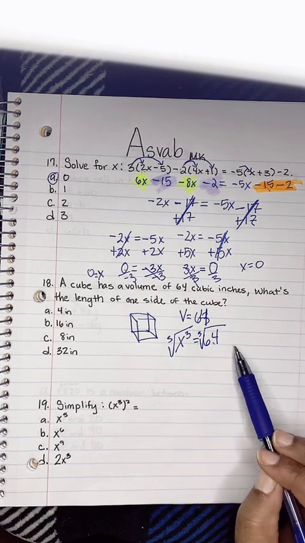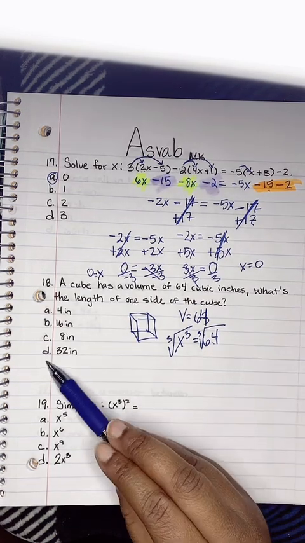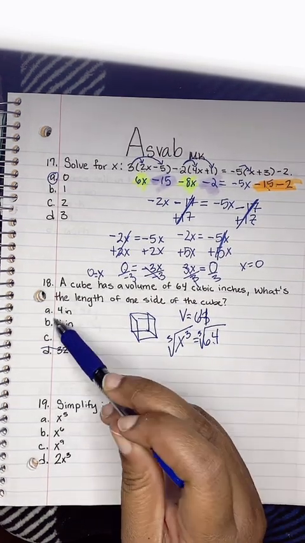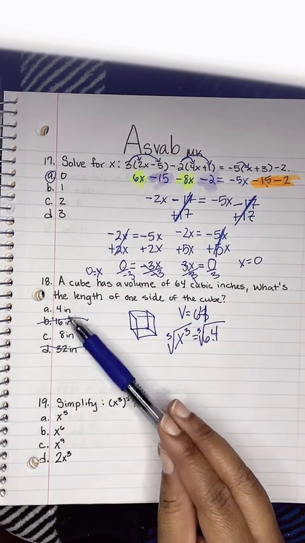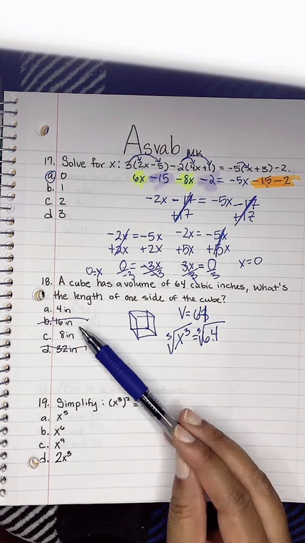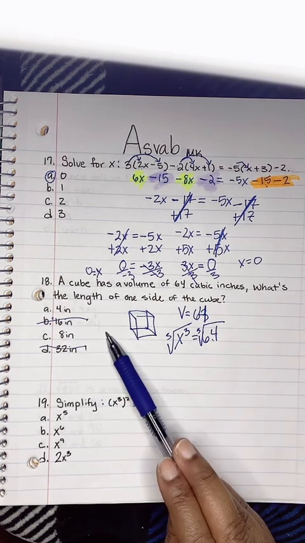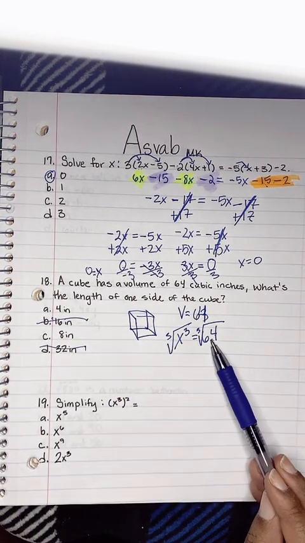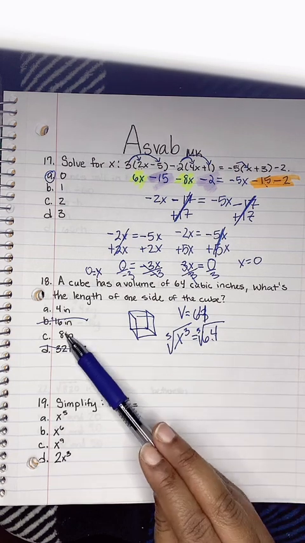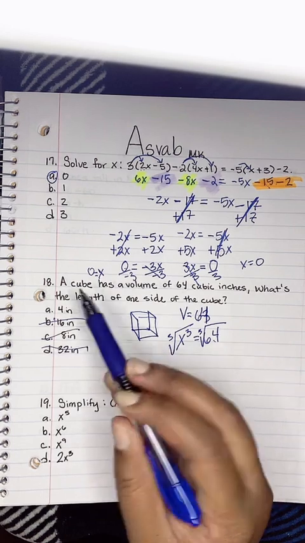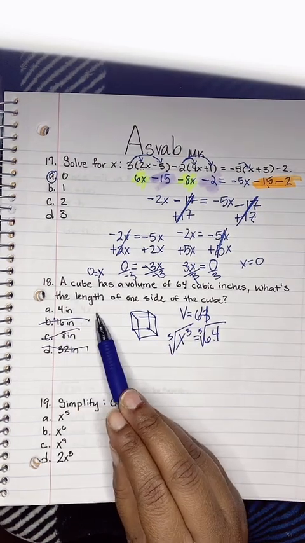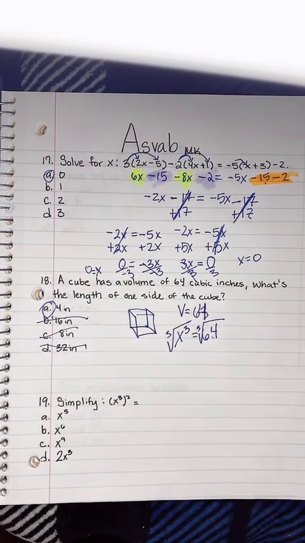I'm looking for a number times itself 3 times. Well, 32 times 32 is way too big. 16 times 16 times 16 is way too big. Now, I have a 50-50 chance. 8 times 8 times 8 is not going to give me 64. Because 8 times 8 gets me 64, and then that's going to be too big as well. So 4 times 4 times 4 has to be 64.